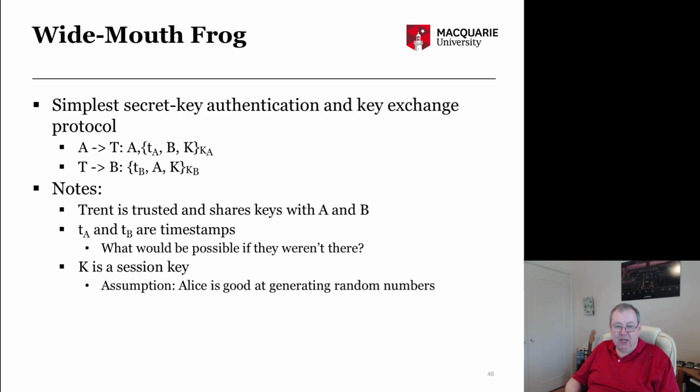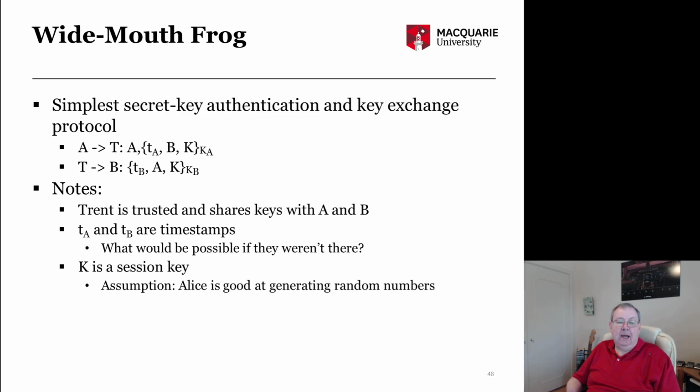And so he checks the timestamp that he gets out of it, checks that it was recent, and he then realizes it actually contains a session key K, which is going to be used to talk to Alice A. And so now from this point onwards, Alice and Bob both share a session key K and can start to use it to communicate backwards and forwards.